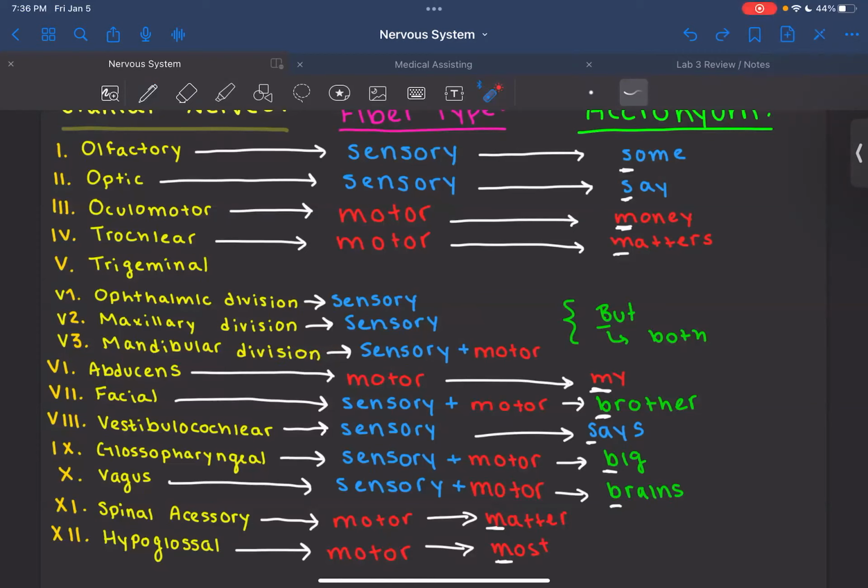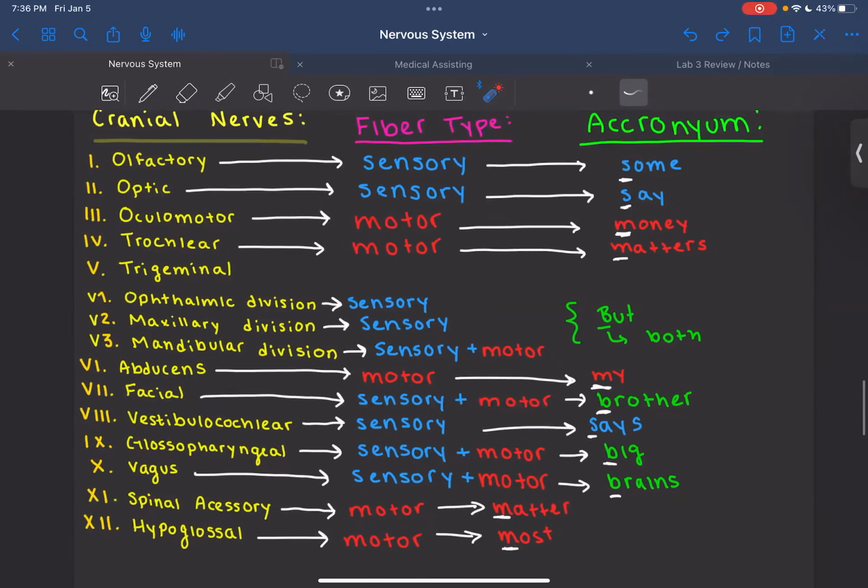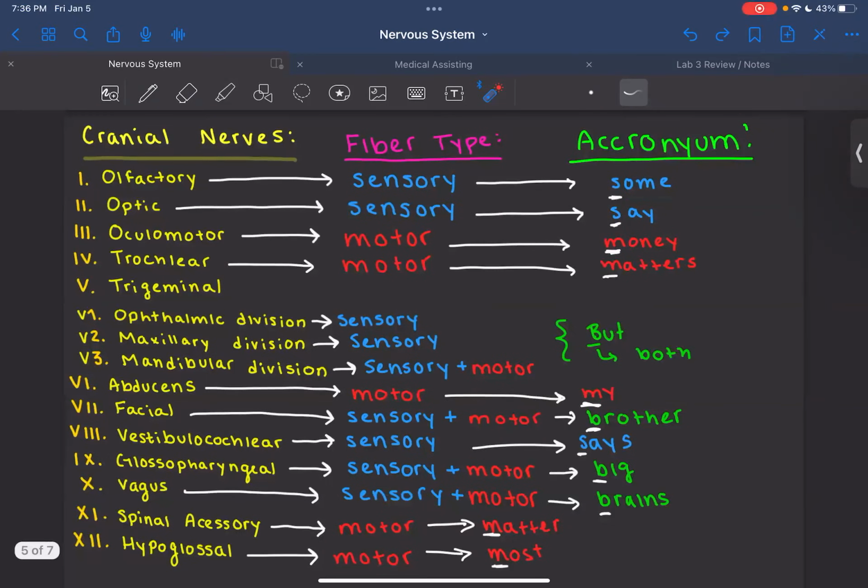So when you're doing this acronym, "some say money matters, but" on this one, you kind of just have to know that when it means both, it's only talking about the mandibular division. But I hope this acronym is helpful. It really helped me when I was learning these, so I hope it's helpful to whoever's watching this as well.